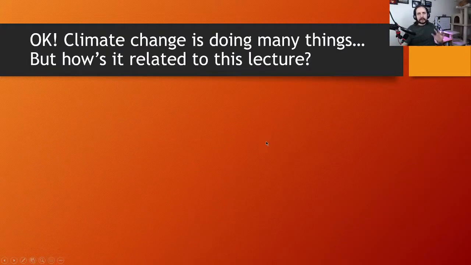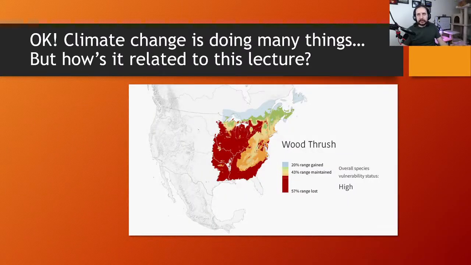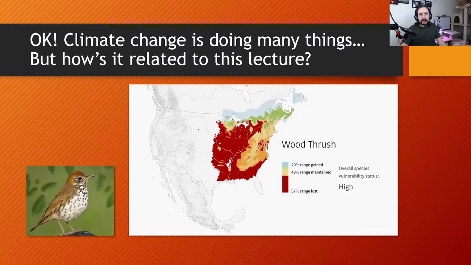Okay, so climate change is doing a lot of things, but what's the relevance to this lecture? Let's consider the wood thrush, a bird species in North America. It's a really cute bird species, by the way. But their ranges are contracting a lot.